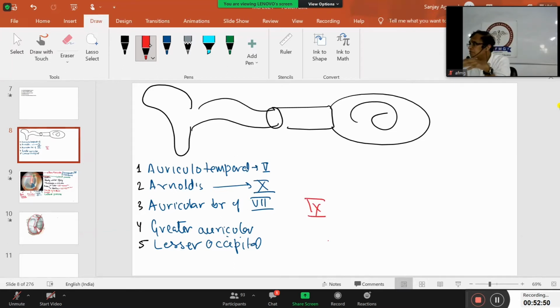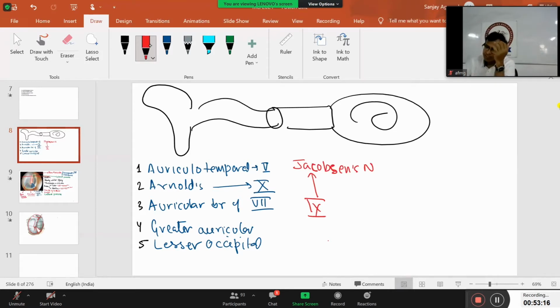So now we are doing the nerve of the middle ear. The branch of the 9th that goes to the middle ear is called Jacobson's. Now this name is again an important name. Jacobson's nerve is a branch of the 9th nerve that goes to the middle ear through the floor. It's coming from below.